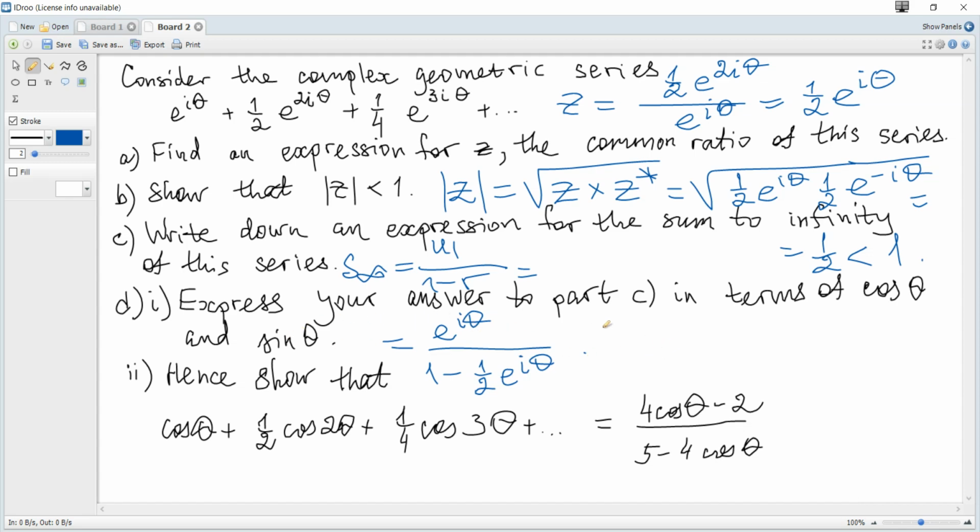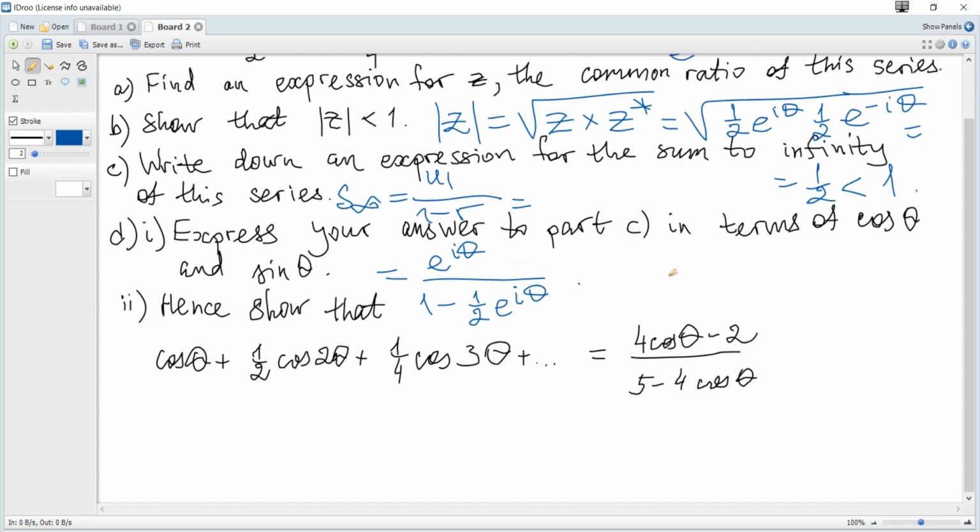Express your answer to part c in terms of cosine and sine. e to the power of iθ is cosine θ plus i sine θ.